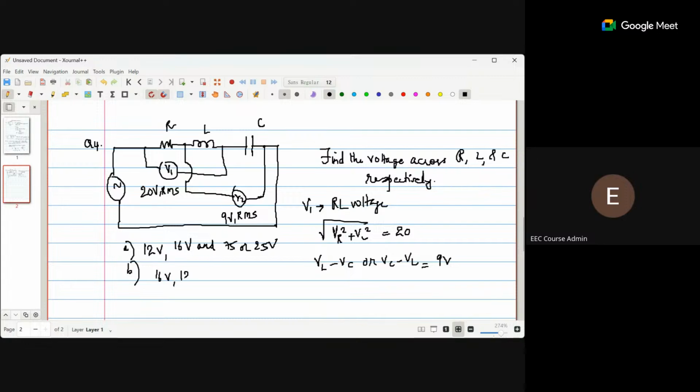Since we are not given the applied voltage, we can just try out the options of this MCQ and figure out the answer.